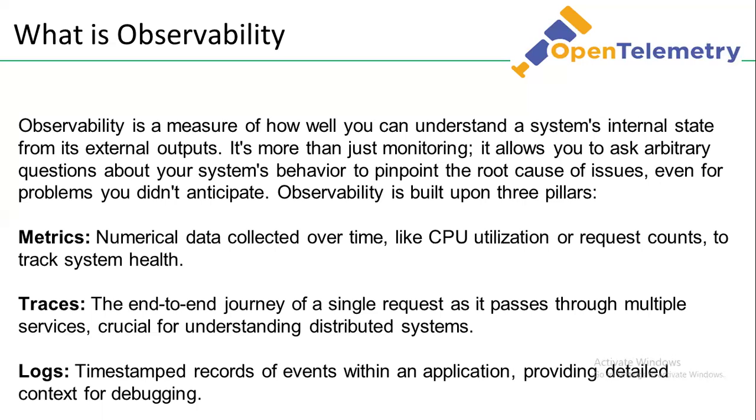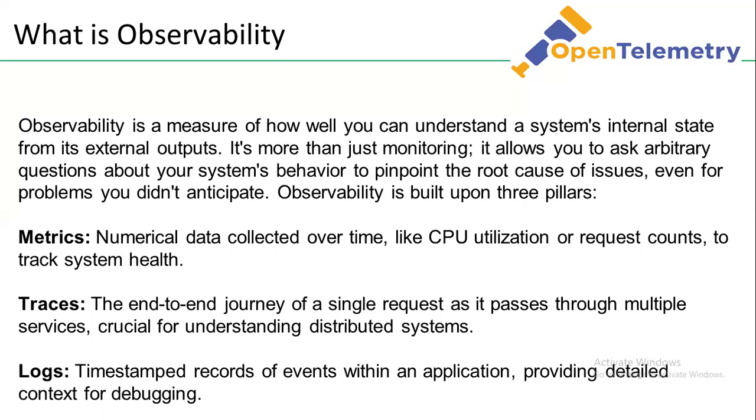Then observability is built upon three pillars. Which pillars? Metrics, traces, and logs. So what is metrics? Metrics are numerical data collected over time, like CPU utilization or request count, to track system health. Then traces.